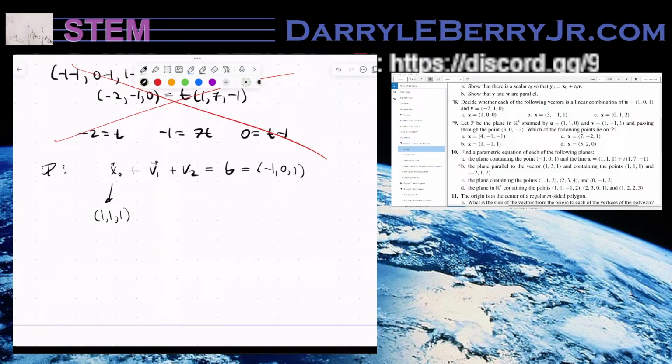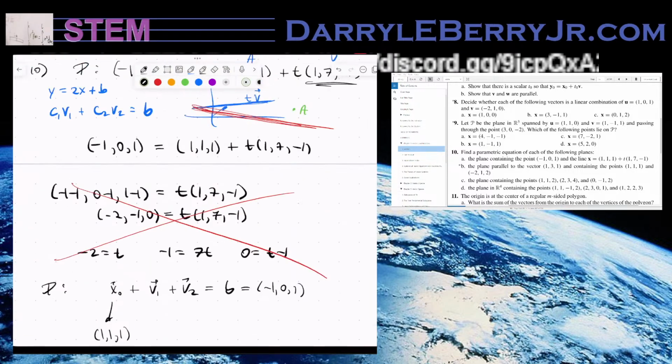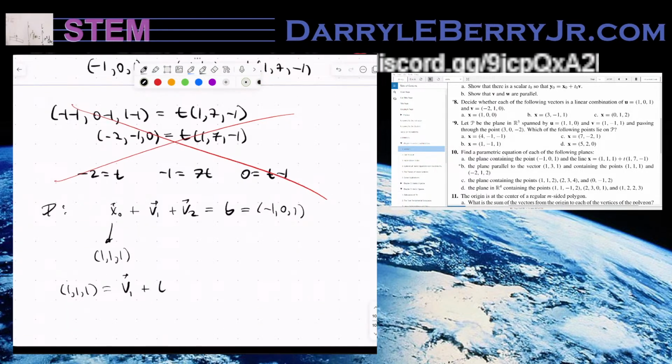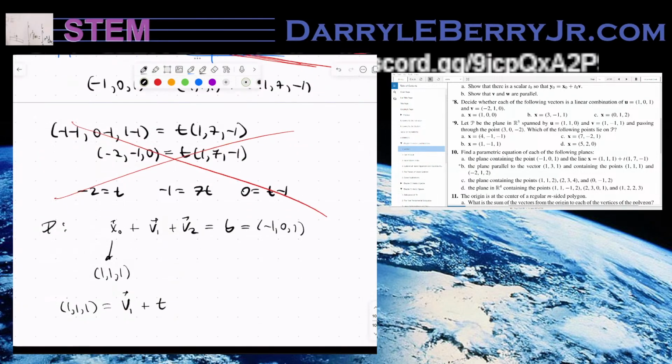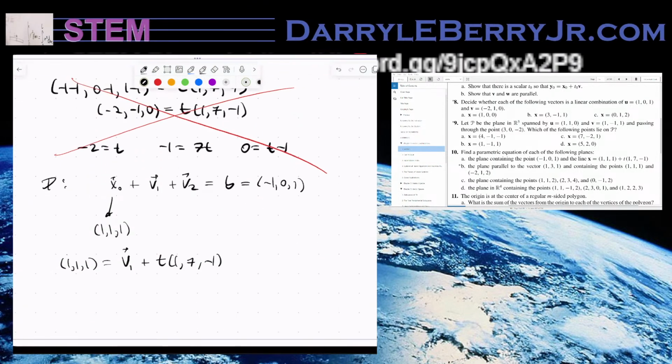And so we could write this and say X0, I should say 1, 1, 1 equals V1 plus T 1, 7, -1. Together, these equal -1, 0, 1.